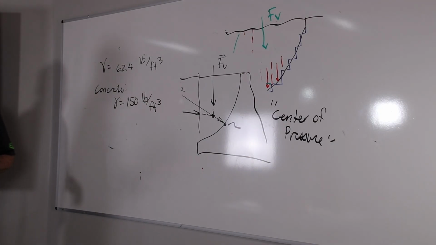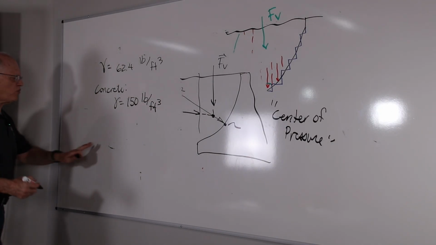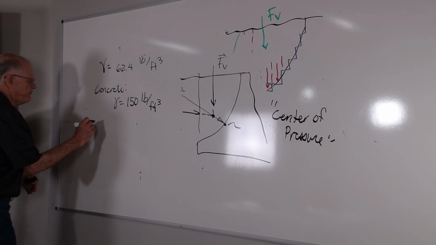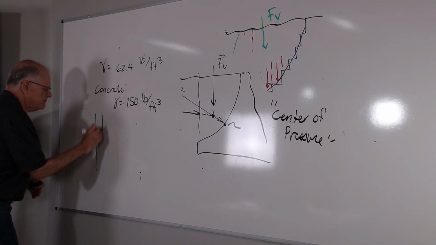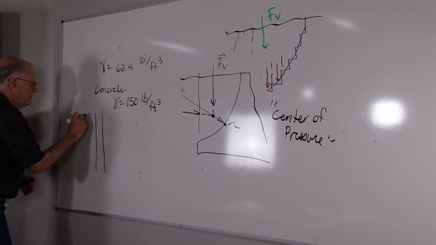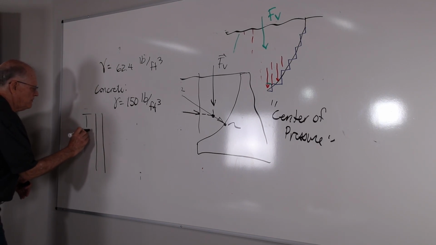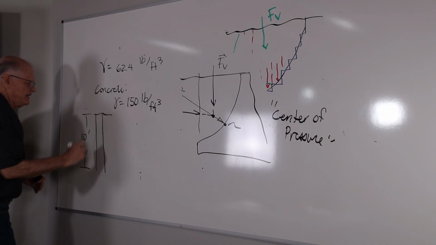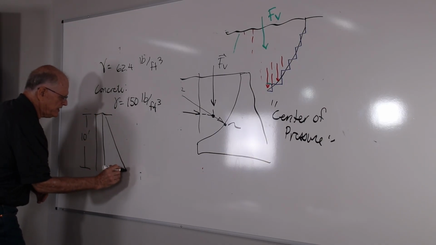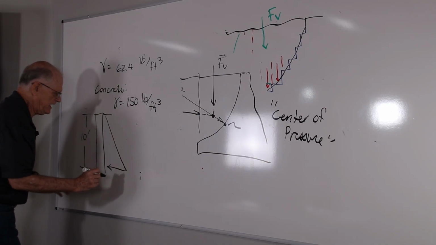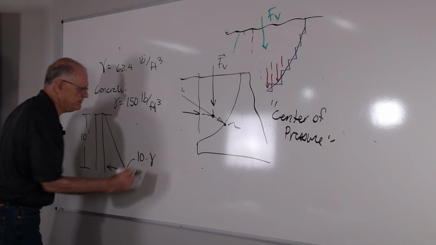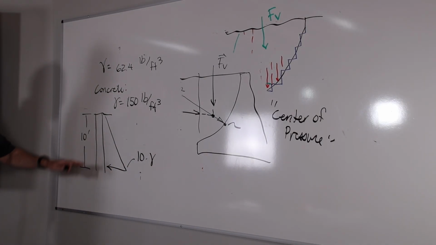You probably can't fully appreciate that number. But if you're pouring concrete, if you're a civil engineer or a builder, and these are your concrete forms, and this is 10 foot high, which is not a super high wall, and you pour concrete into it, you basically have a triangular distribution that comes down here. This pressure at the bottom of your form, the 10-foot wall, is 10 times gamma.